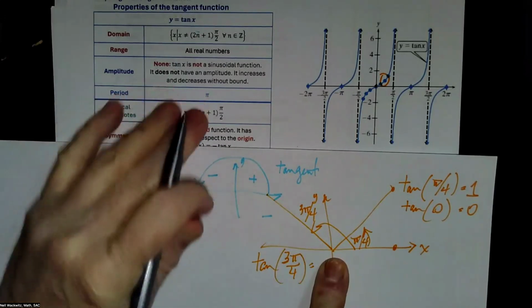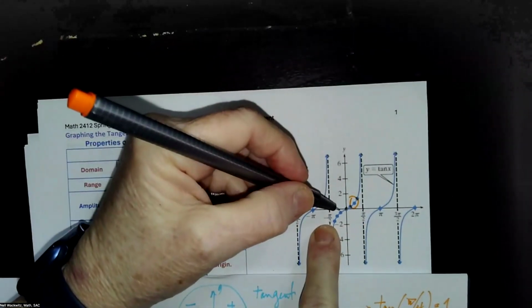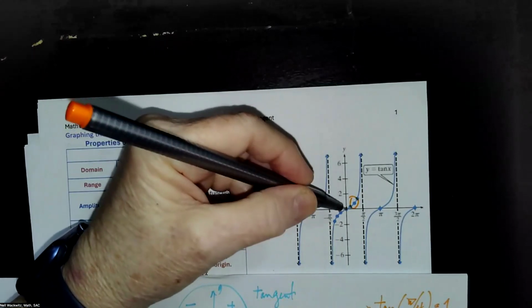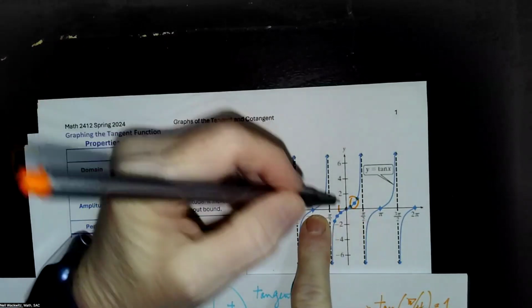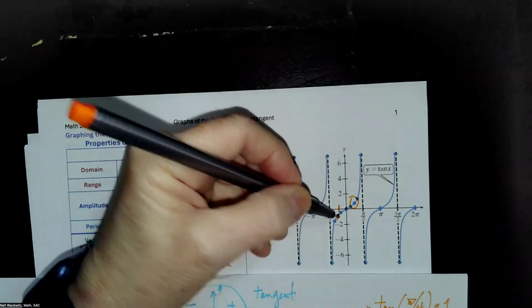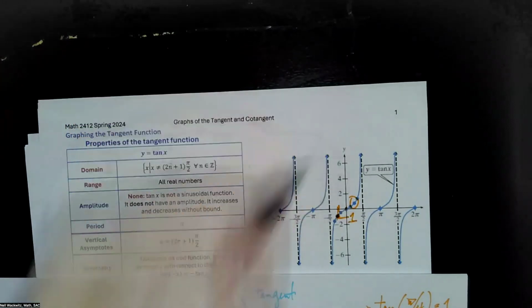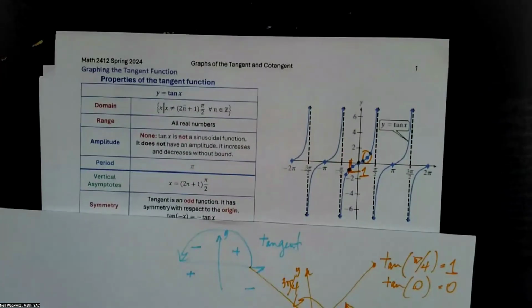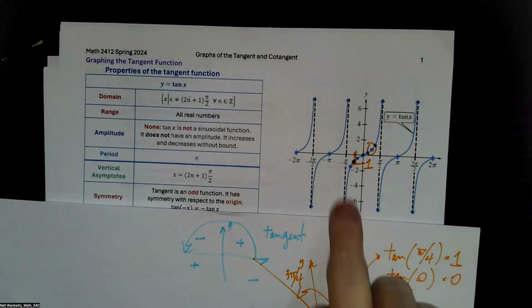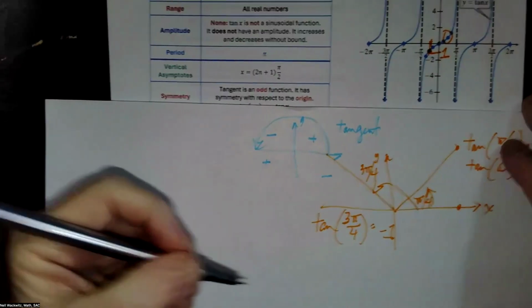So that means that if we go back one, midway between the origin and the previous vertical asymptote, we'll have another 1. And those two 1s really help graphing the tangent. So let's see.